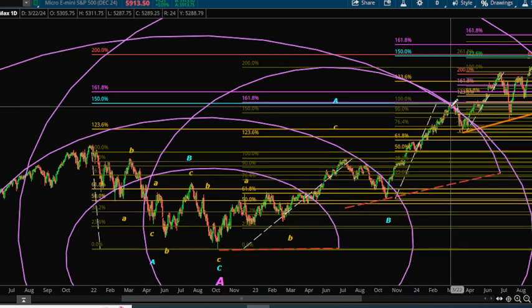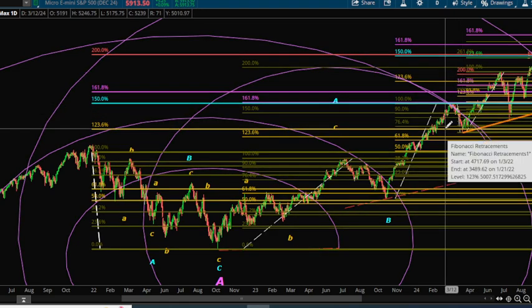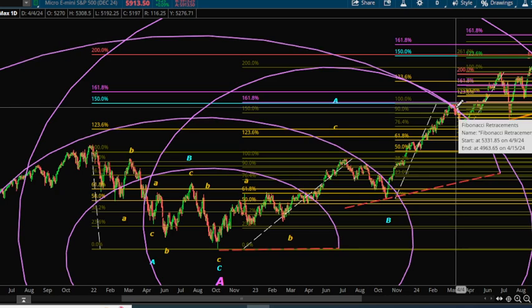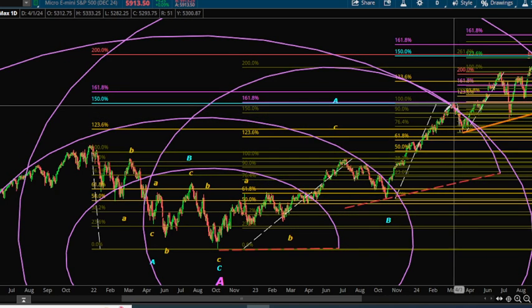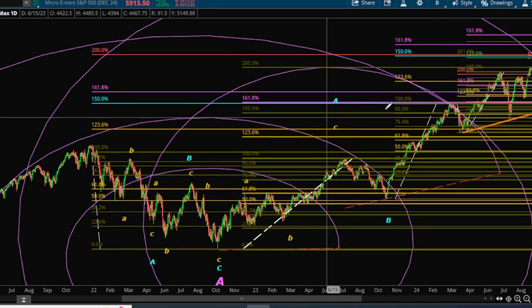Which is the Fibonacci sequence numbers that I use for a lot of my indicators. Like I plug those numbers into the Fibonacci sequence. So anyways, I don't want to get off subject, but I just want to stick to the fibs right now.